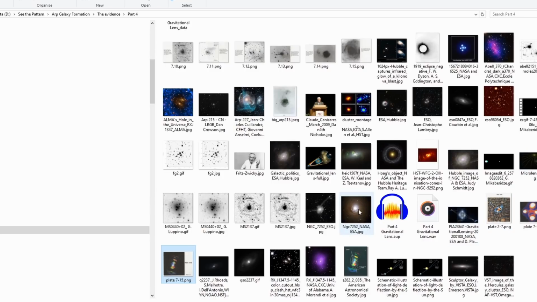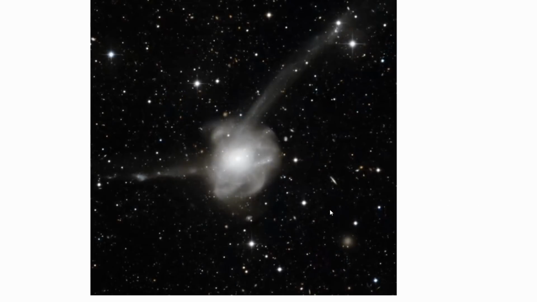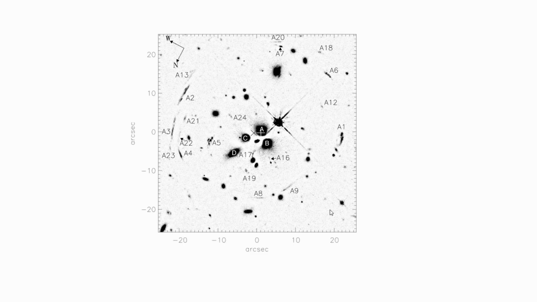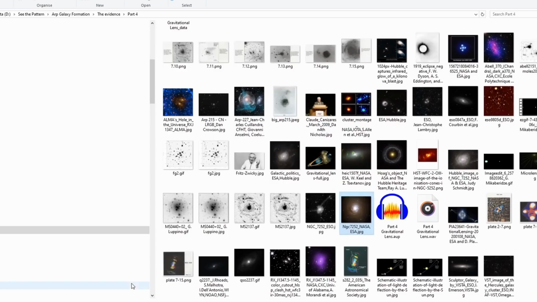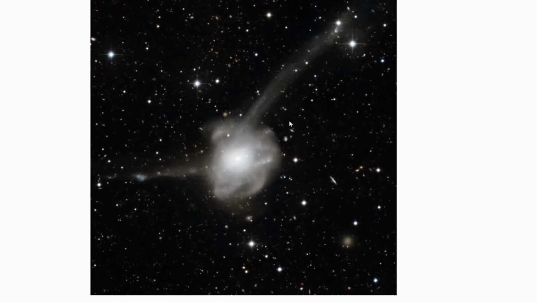Where did I put it? 7252. Again, weird. When you look at these in two different images, 7252 and this one's 7252, they look very different. But if you look in this one, again, clear jets coming out of it.